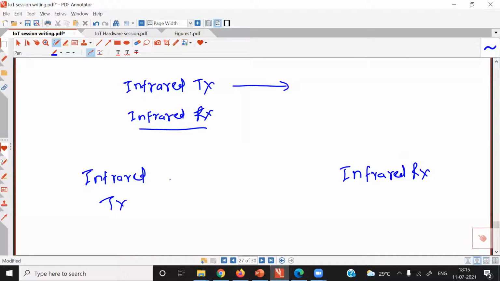So the infrared transmitter will transmit energy continuously towards the infrared receiver. In the absence of any obstacle or intrusion, the infrared receiver will continuously receive the infrared energy. And when someone passes through this beam of infrared energy, the signal falling on the infrared receiver will be cut. And that is an indication of intrusion.